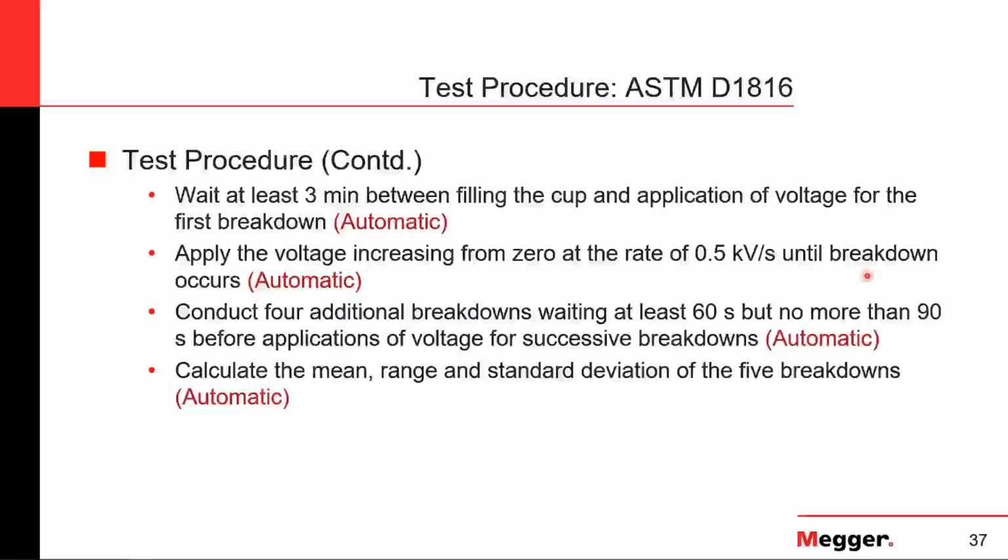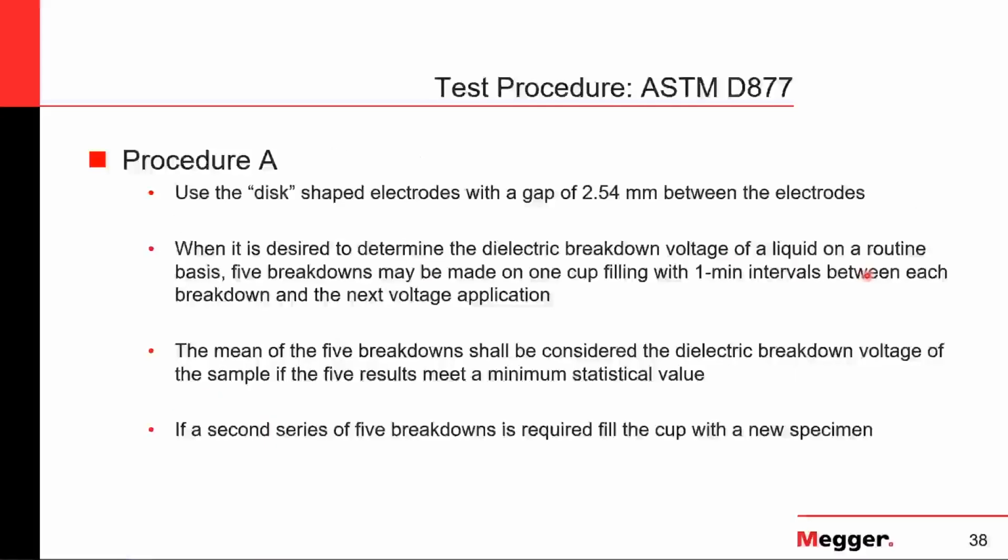ASTM D877 has a second procedure called procedure B. The difference between procedure A and procedure B is that each one of those 5 breakdown measurements will be done with a different filling. So I will do my first filling, take one measurement, then discard that oil, fill the cell again, do the second measurement, and so on.